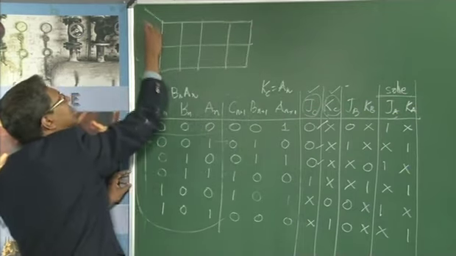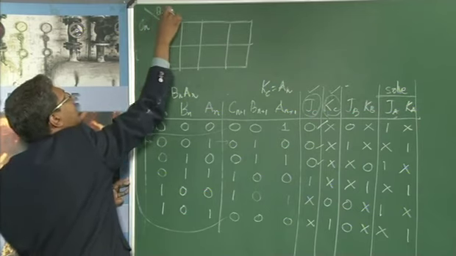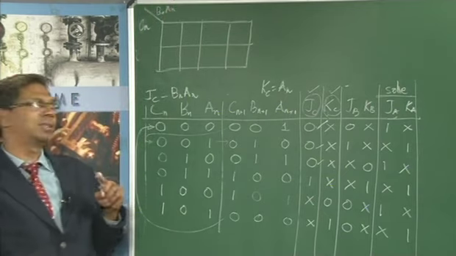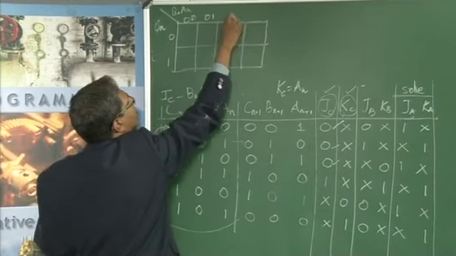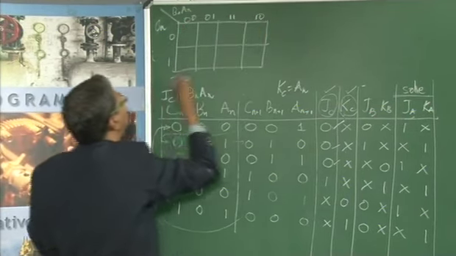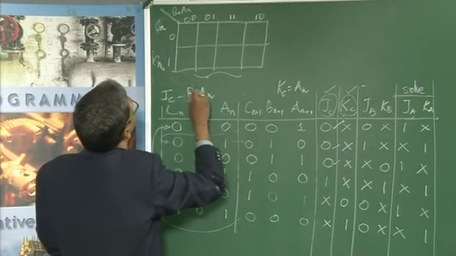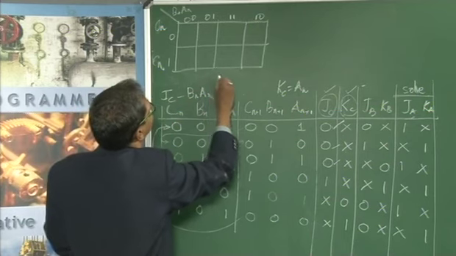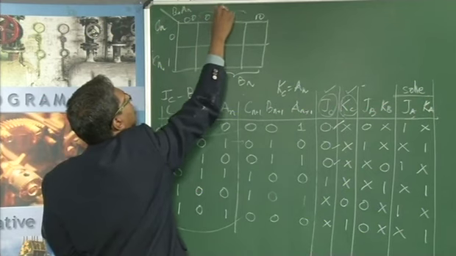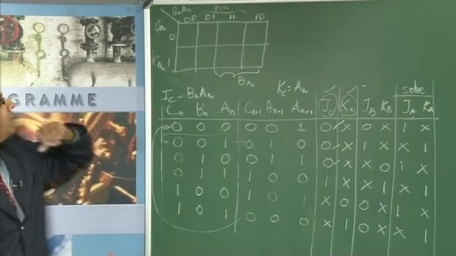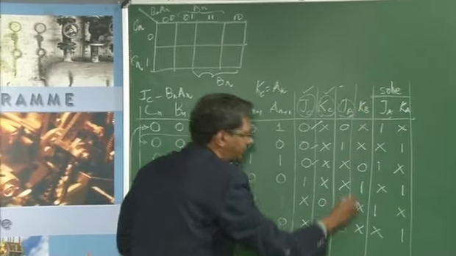As and when you practice this, this becomes very easy. So Cn, Bn, An. Always remember, C is the MSB, whereas A is the LSB. 0, 1, 0, 0, 0, 1, 1, 1, 1, 0. So this belongs to Cn, this belongs to Bn, and these two belong to An. Okay, we wrote it this way, right? So that's how it's going to be. Now I have to fill it up with the values for Jb.